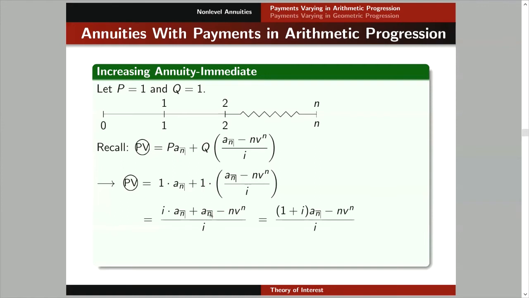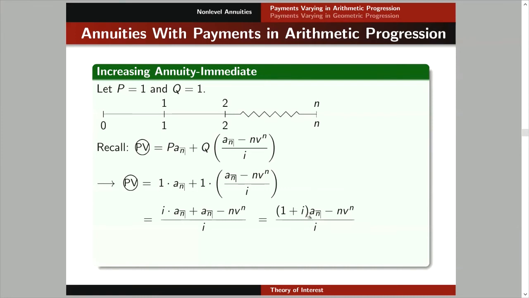Okay? So, parang pinagsama ko lang tong dalawang to and then I factored out A angle N. And then finally, what is 1 plus I times A angle N? It's like accumulating this A angle N to one period. So, it becomes A double dot angle N, right?